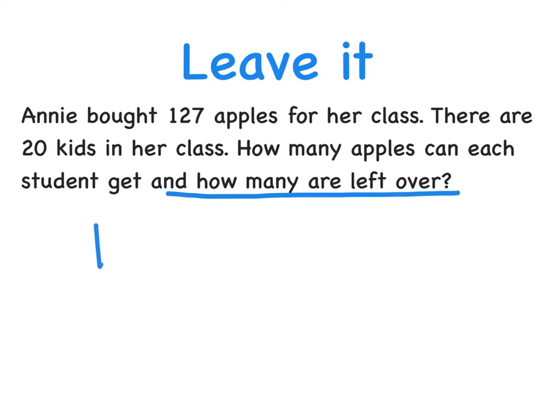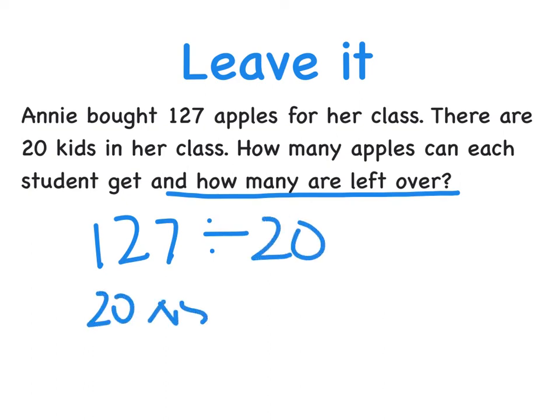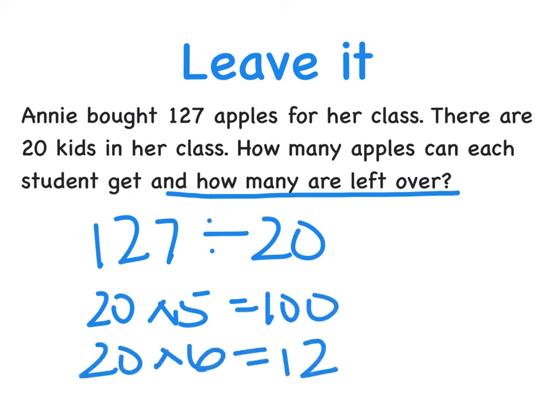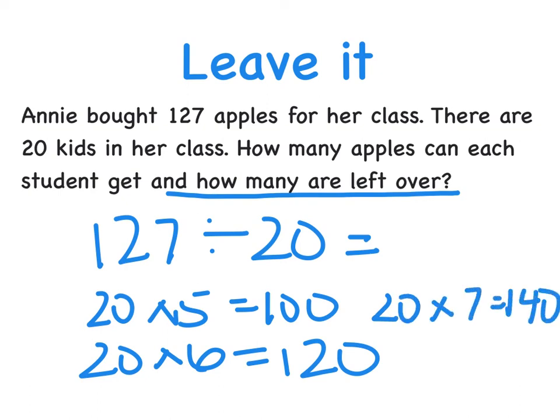So I'm going to want to figure out 127 divided by 20 students. I know that 20 times 5 is 100. So 20 times 6 is 120. So I'm kind of close there. Another group of 20, 20 times 7, would be 140, and that's too much. So my answer is 6. They can each get 6.